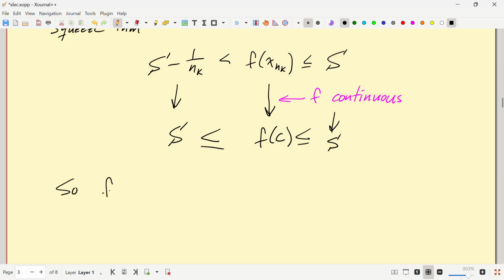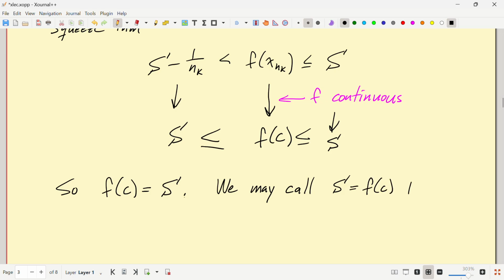So f of c is equal to the sup, and that's where the max is attained. So we may call S equal f of c the absolute max. Now we'll call it M.